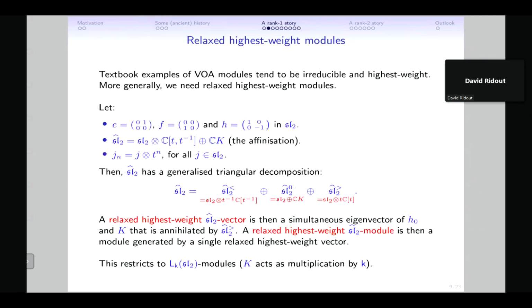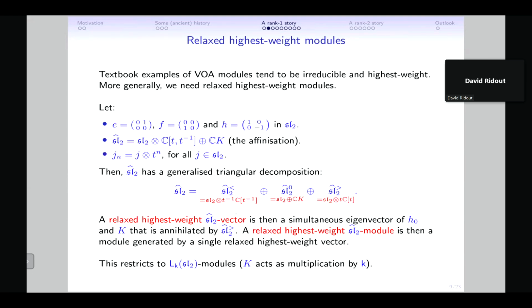So effectively, you have 0 modes, positive modes, and negative modes. And I'm splitting everything up here according to the power of t, right? So positive, 0, negative. That's really all that's going on here. And so if you like, we're grading the affine algebra by what will eventually be the eigenvalue of L0 under the Sugawara construction.